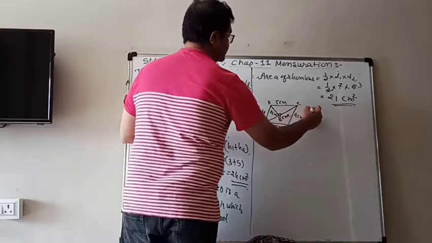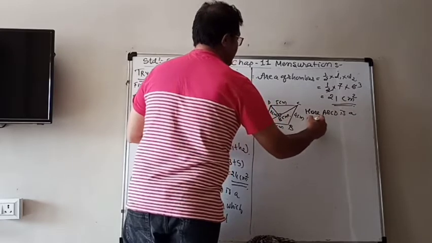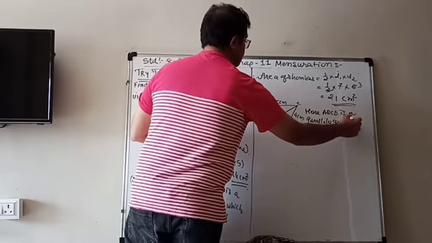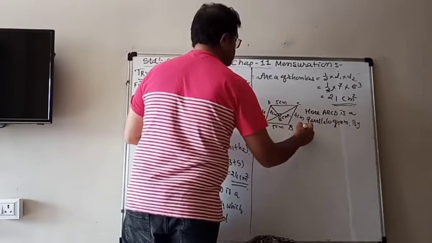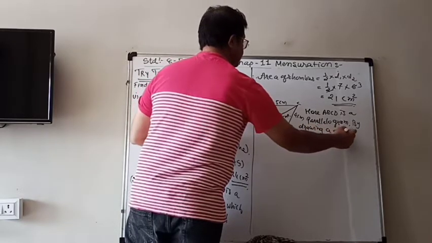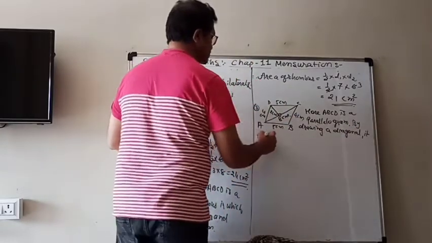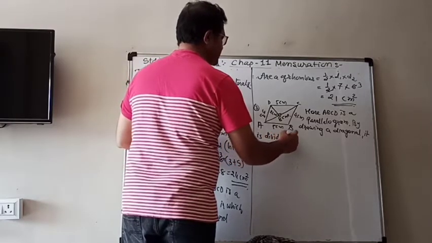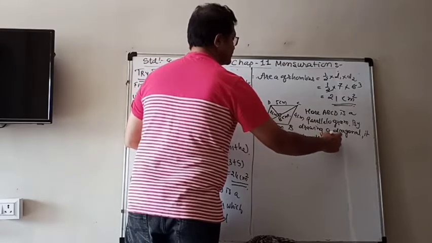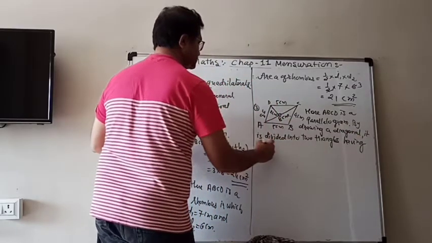So here ABCD is a parallelogram. By drawing a diagonal, it is divided into two triangles having same area.